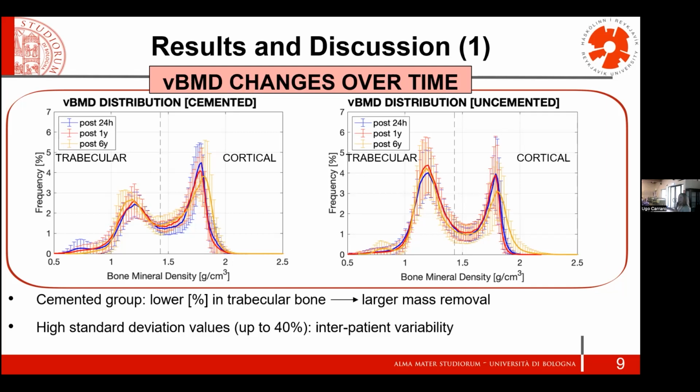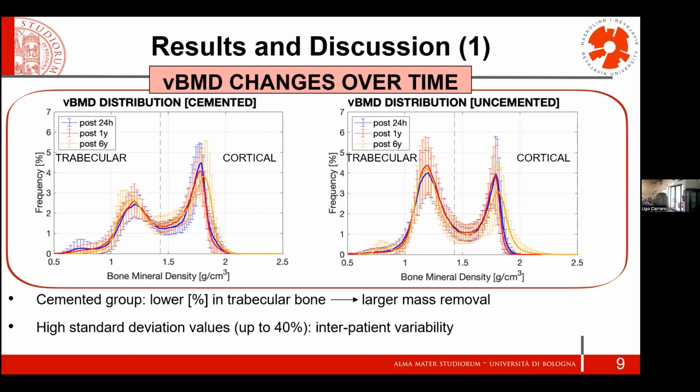So we have to highlight 2 results. First of all, we see that the cemented group has a lower percentage of trabecular bone than the uncemented one. And this is caused by how the surgeons perform the surgery, because basically they have to remove more bone stock to place the cement in case of a cemented fixation rather than the uncemented one.